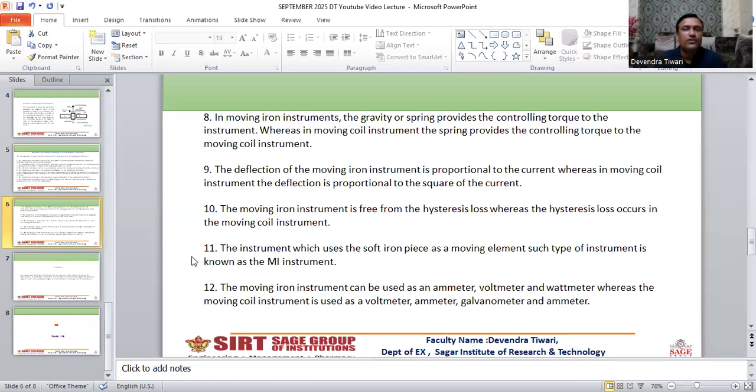The moving coil instrument is free from hysteresis loss, whereas hysteresis loss occurs in the moving iron instrument. Also, the instrument which uses a soft iron piece as a moving element is known as an MI instrument. And one more difference, the moving iron instrument can be used as an ammeter, voltmeter, wattmeter, whereas the moving coil instrument is used as a voltmeter, ammeter, galvanometer, and ammeter.